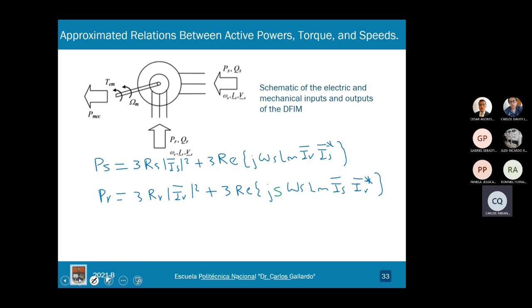So what is the approximation? By neglecting the copper power losses in the stator and rotor resistance, the relation between the stator and rotor power is immediate. So I will neglect these losses.